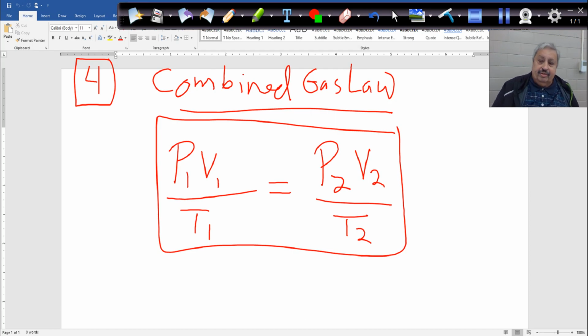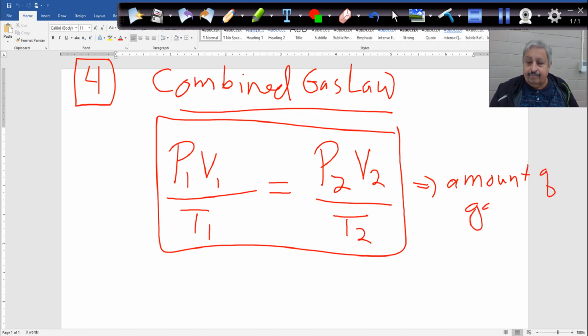This one here, the number of moles, the amount of the gas, is not changed. So amount of gas is constant. Means what? Number of moles does not change.